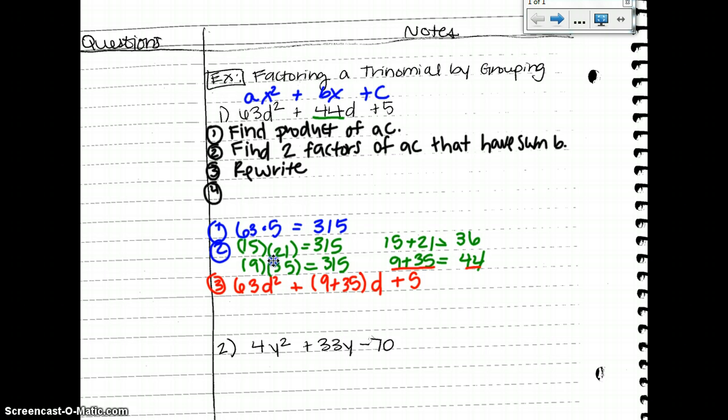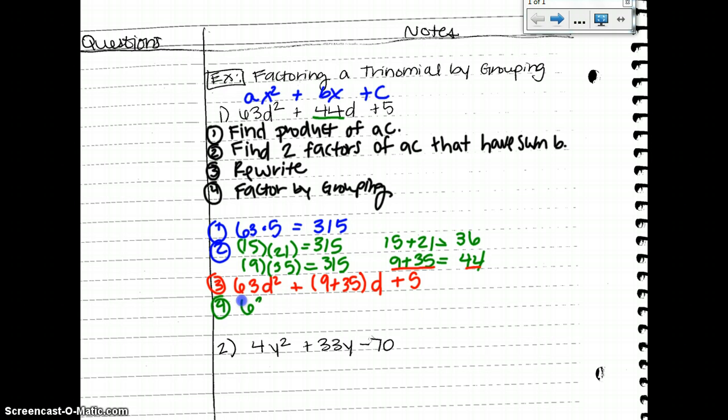Okay, our next step is to factor by grouping. Let's go ahead and group our first two terms.